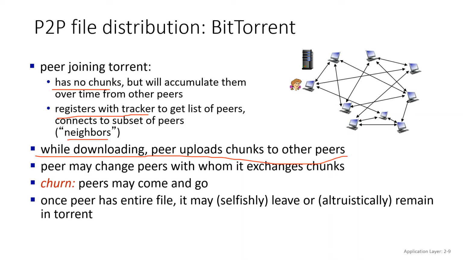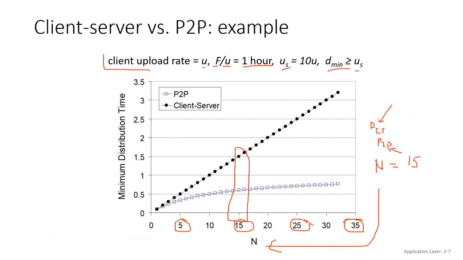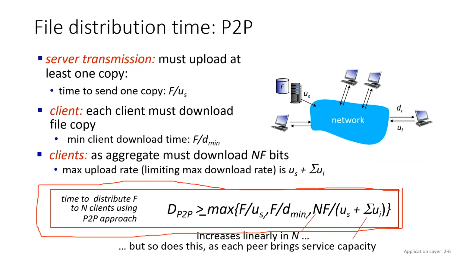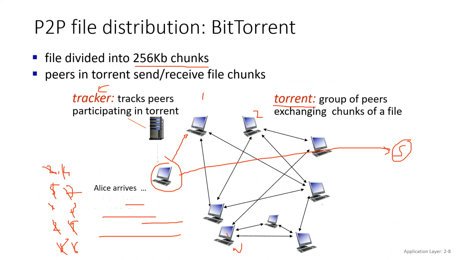the peer-to-peer architecture is only as good as the number of peers in the network. If you go back to the formula here, the bigger the number is, the smaller the distribution time will be.